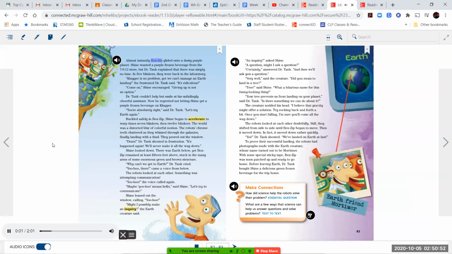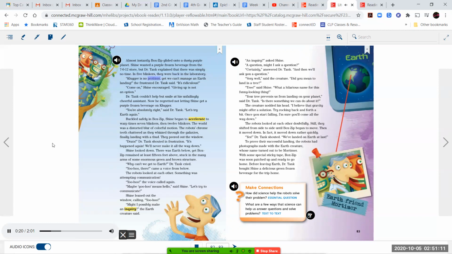Almost instantly, Box Zip glided onto a dusty purple planet. Shine wanted a purple frozen beverage from the store, but Dr. Tank explained that there was simply no time. In 5 blinkers, they were back in the laboratory.